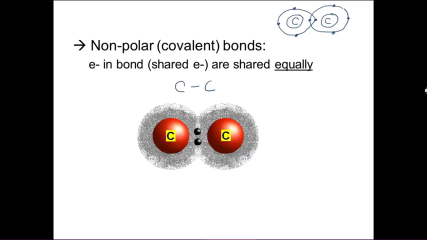But the point here is these shared electrons, the ones that are in the bond, remember they are orbiting around the nucleus of each carbon, and they do that together. They spend some time going around this nucleus, and then they spend some time going around this nucleus. When you have a nonpolar bond, those electrons are shared equally between these 2 atoms, so they spend approximately 50% of their time over here and 50% of their time over here.